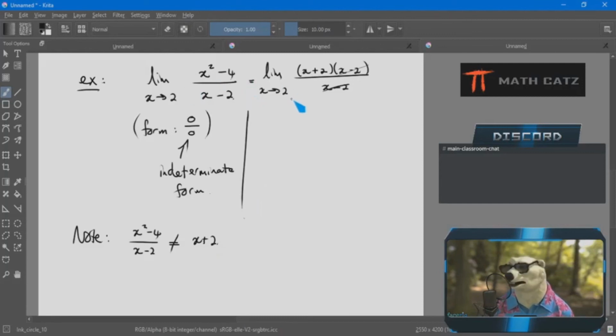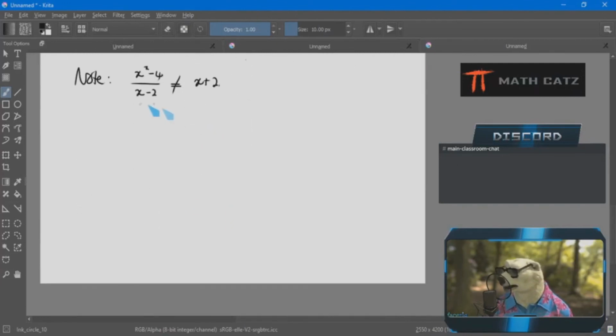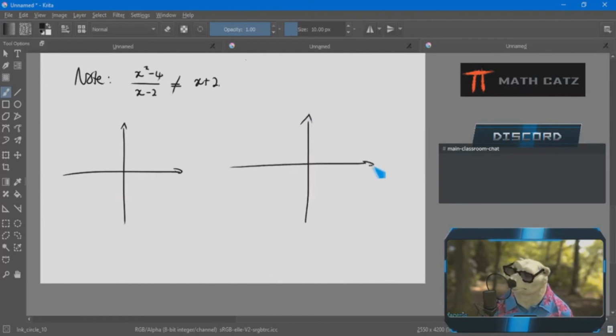However, that's not my question. My question is on behavior. So my question is, how do these behave when I'm not at x equal to 2? Well, they're going to behave exactly the same. And the only difference between these two, if I were to graph them, let's do this one over here. And let's do this one over here. There is a very subtle technical difference only between these two.